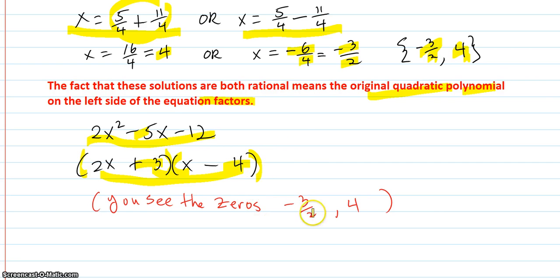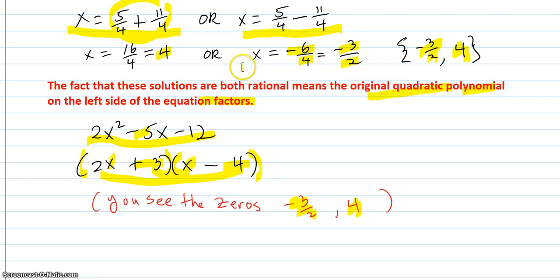And also you can see that the roots are in there. Negative 3/2 plugged in here makes this 0. And 4 plugged in here makes this one 0. So it's all matching up.